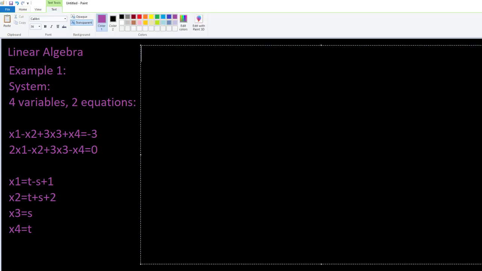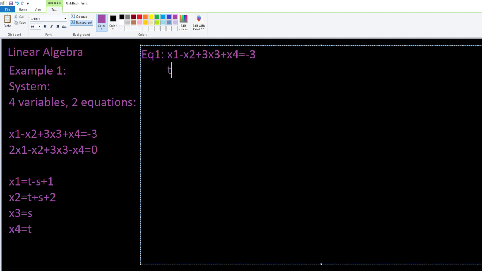So equation 1, I should have copied it: x1 minus x2 plus 3x3 plus x4 equals -3.